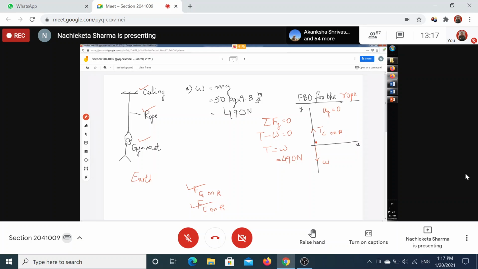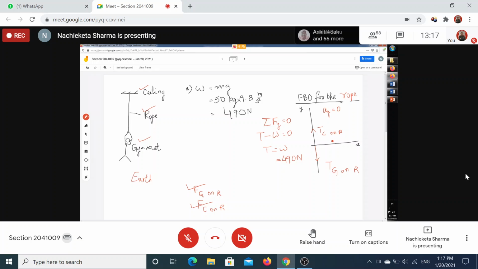The gymnast is pulling the rope downwards. Okay, that I will write. So I will not show this W. Now I will show T, because these are all tensions. That's why I have written T G on R.